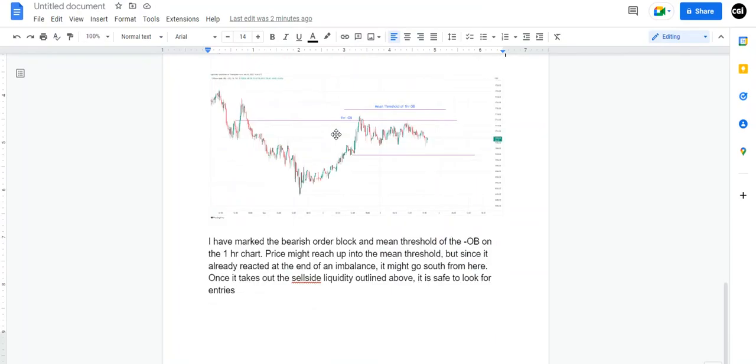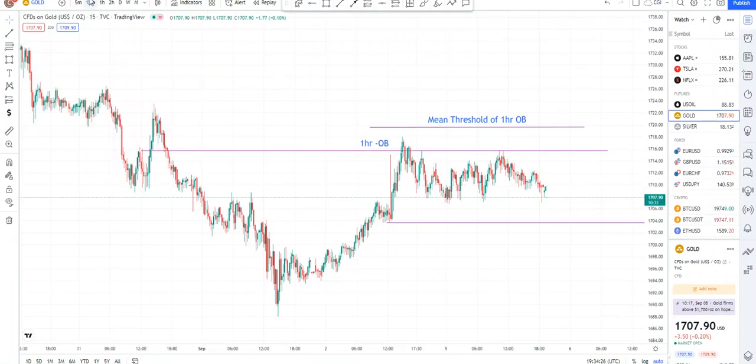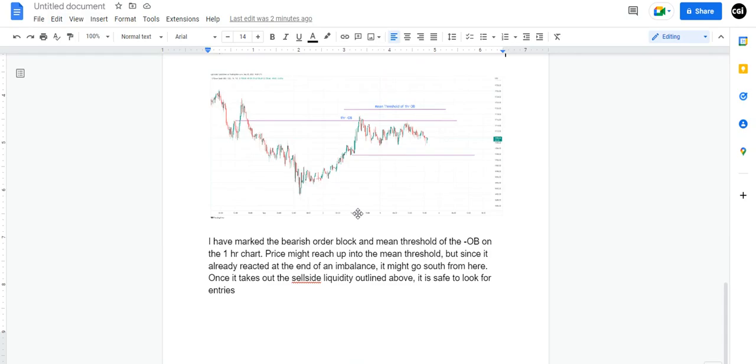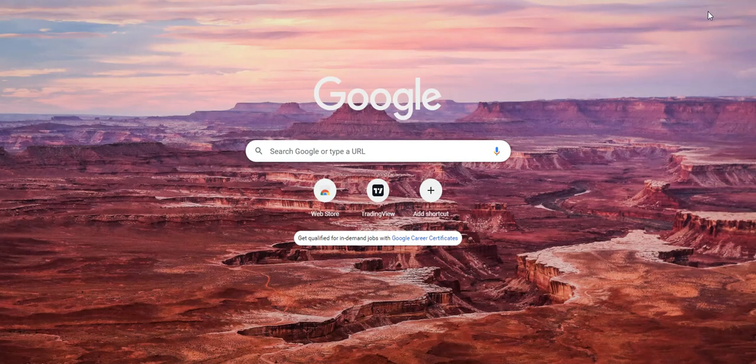So this right here now, I also add the 15-minute chart. I might go down to the 15 minutes, add this screenshot as well. And then what I'll do is that I will now save this document. If you have Google Drive, go to your Google Drive.